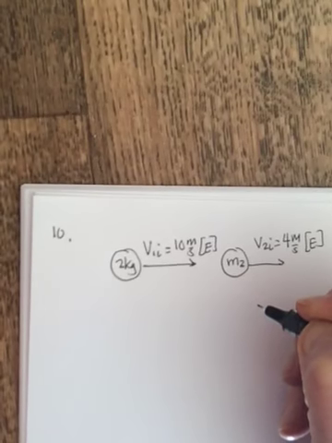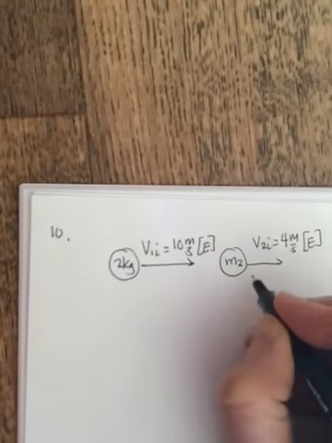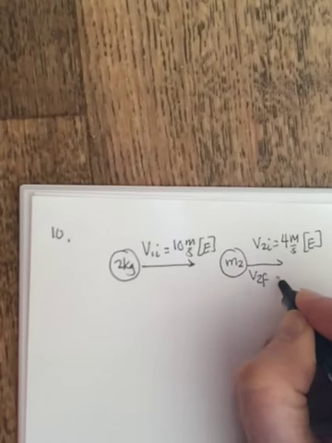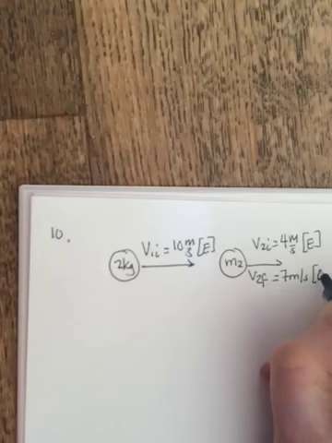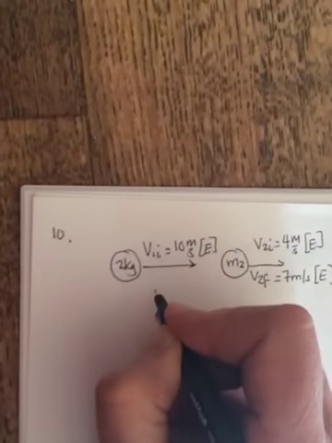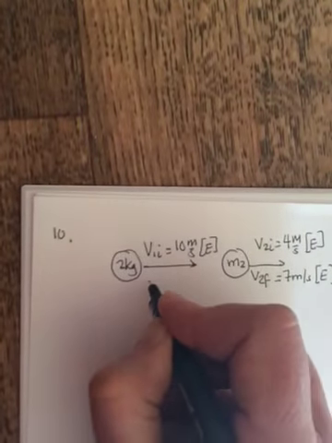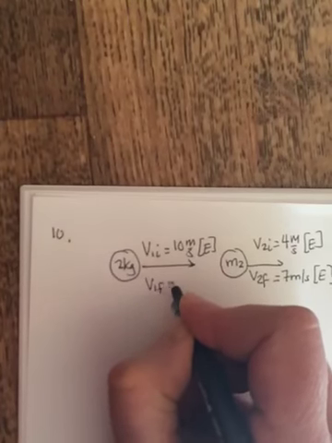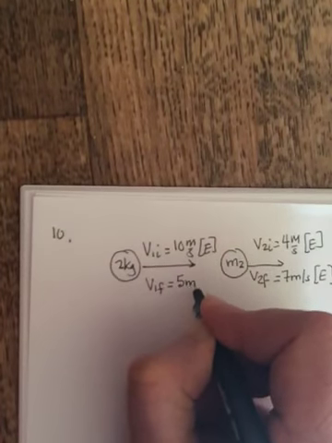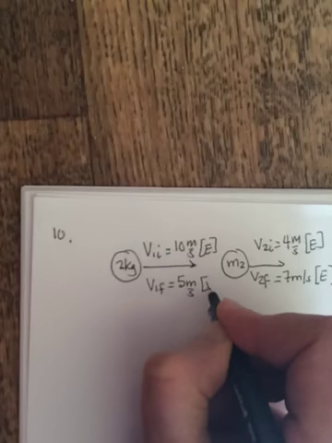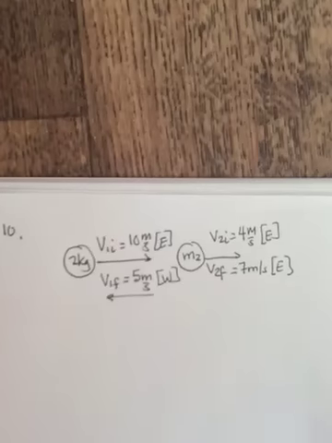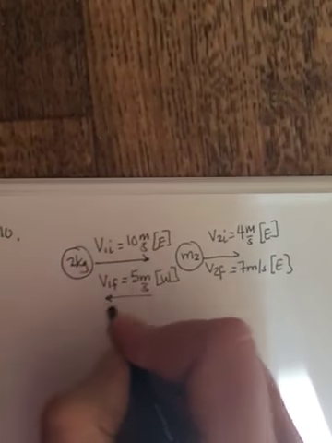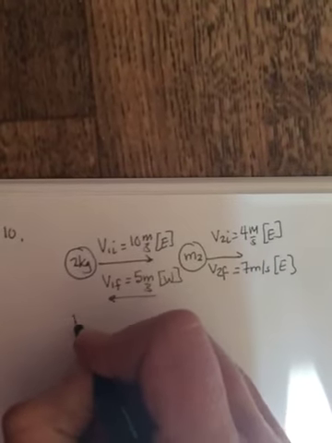Then it says, because of the collision, the blue ball speed, so V2F, increases to 7 meters per second east. And the red ball reverses direction, so V1F travels 5 meters per second, and it reverses, so that has to be west. And the first question wants to know the mass of the second ball, the blue ball.